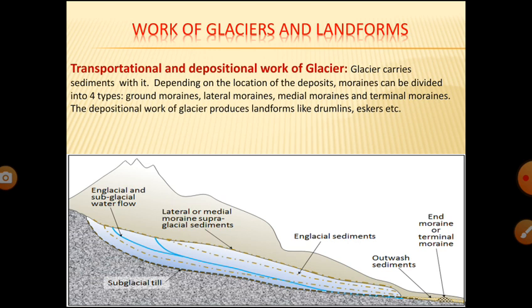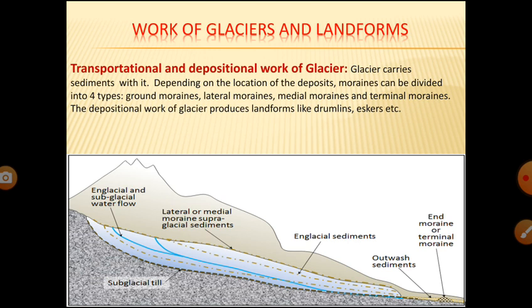Children, we will see how the ground moraine is formed. Ground moraine consists of an irregular blanket of till deposit under a glacier. Now we'll see what is lateral moraine. A lateral moraine forms along the sides of a glacier. What is medial moraine?